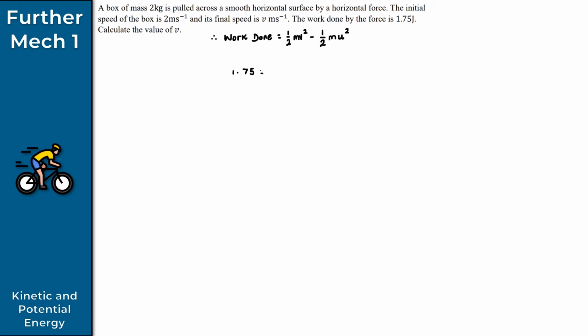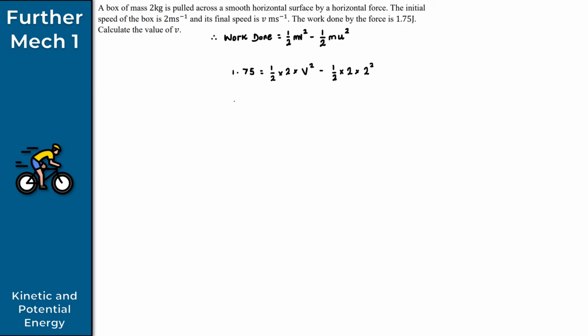So 1.75 is equal to a half times the mass, which is 2, times v squared. Now, obviously, we don't know what v is, that's what we're looking to solve for. Minus a half times m, where again m is just 2, times u squared, where u is 2. So we times that by 2 squared.